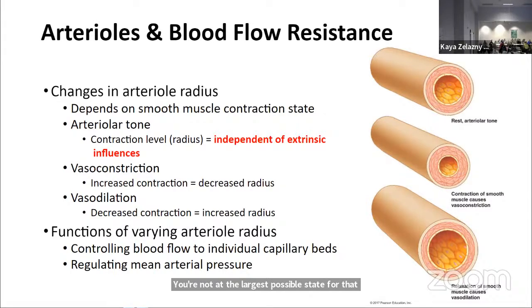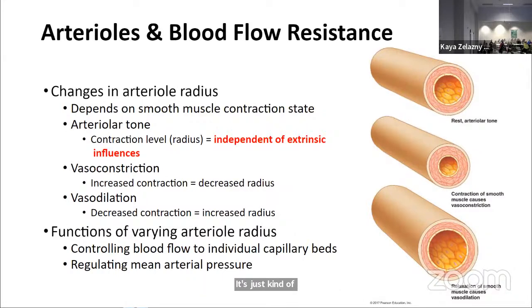There's a little bit of tension in that muscle when your body is at rest. So we have arteriolar tone, a sort of intermediate contraction level of that radius. We are going to have both local controls and extrinsic controls on that radius, but that tone, that initial state, isn't dependent on the extrinsic controls. It's just kind of where we are.